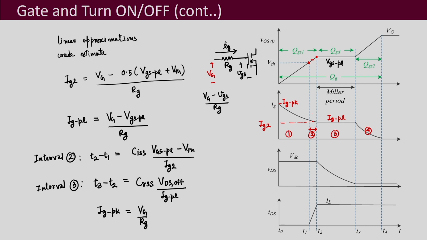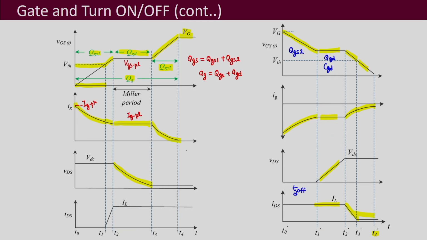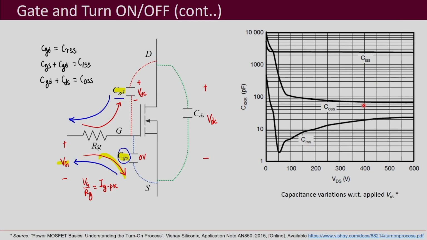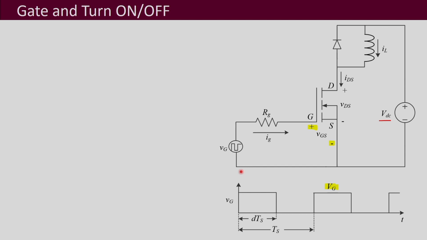Now, one more thing that you have to observe is that this gate current is not a continuous current. It is there during the turn on process and then during the turn off process. In between it is not there. So, if we had drawn this gate current Ig over here, it would have been something like this, appearing during the turn on process and turn off process.